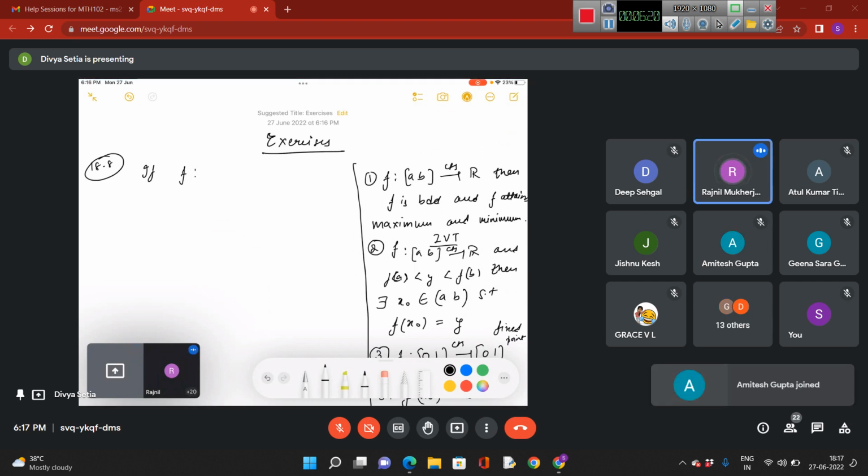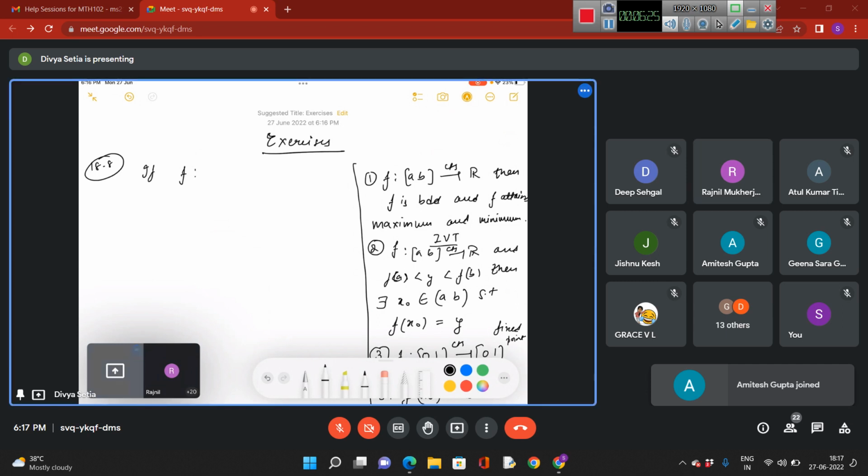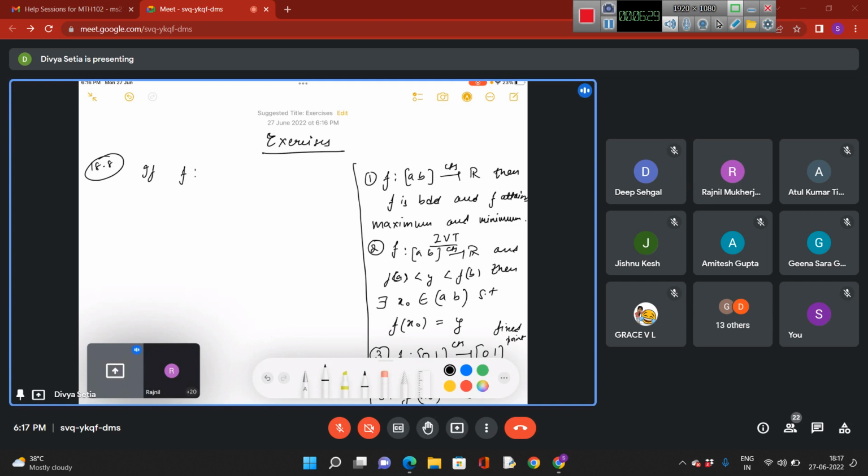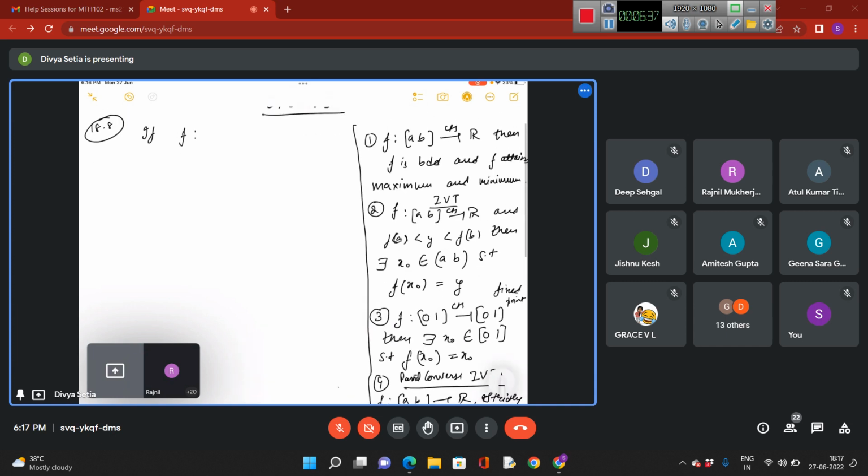Yes, can we solve this using IVT? Can you solve this 18.8 using IVT? Yes. 18.8 is a generalization of this fixed point theorem. But you require some more condition for it.